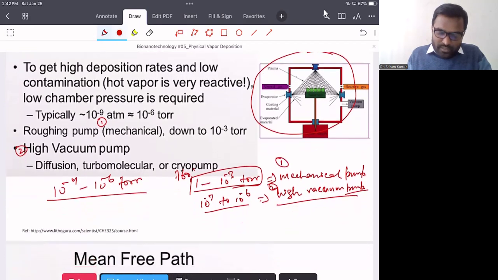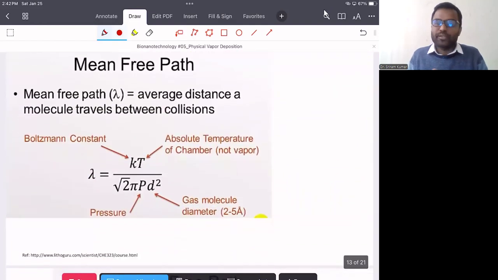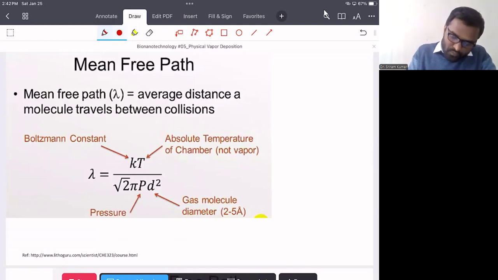Now let's understand the effect of this very low pressure on the deposition of nanomaterials or thin films. Here we have the mean free path, which depends on the pressure of the vapor in the chamber.